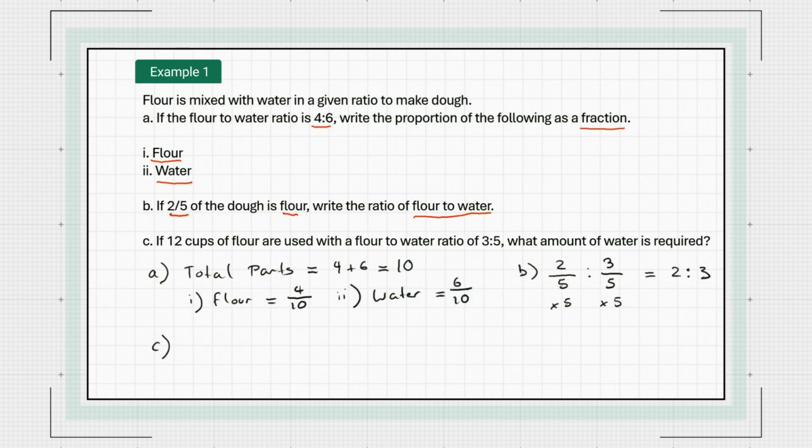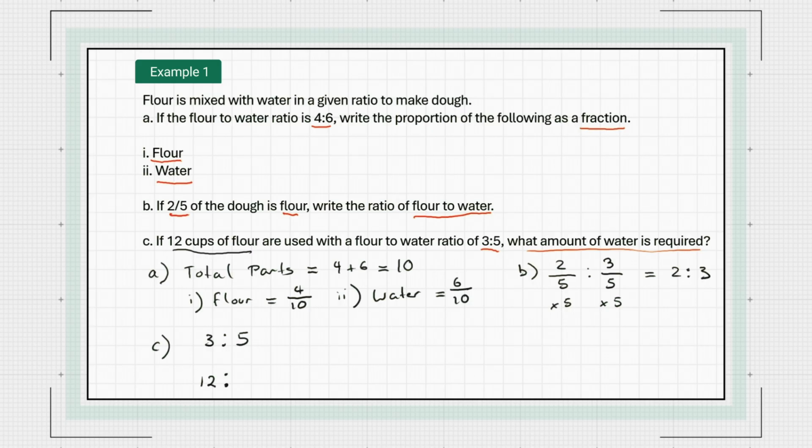Okay, let's look at C. If we have 12 cups of flour and they're used with a ratio of 3 to 5, what amount of water is required? So, the ratio we're using for this particular mixture to make dough is 3 to 5. And we want to convert the ratio to something where I have 12 cups of flour.